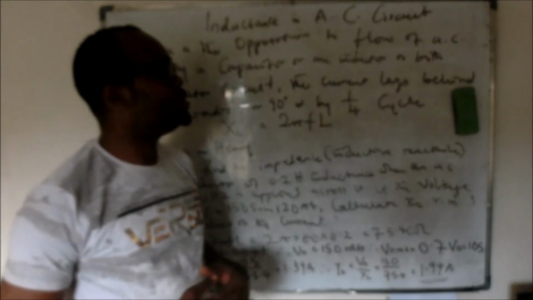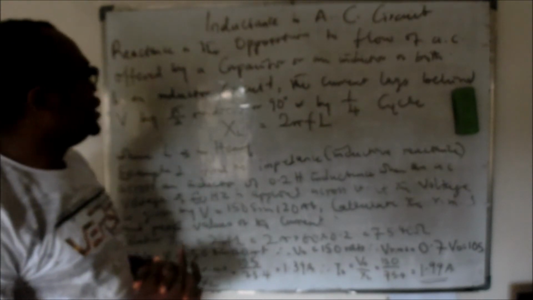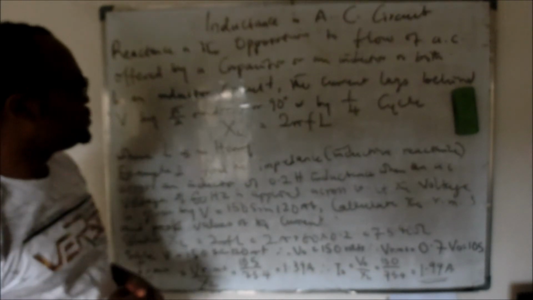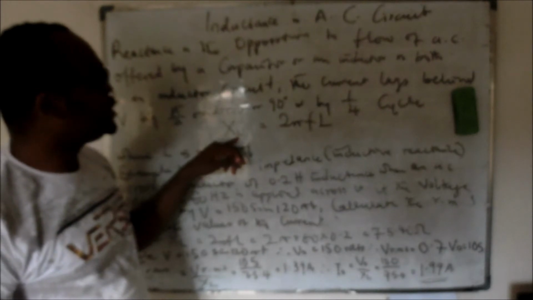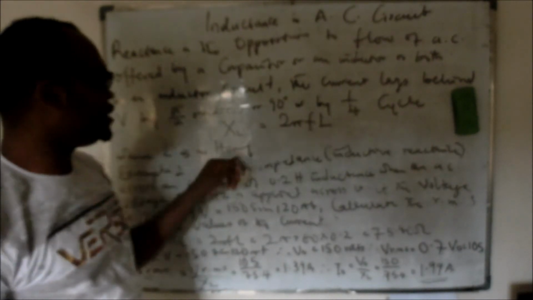This is opposite to what happens in a circuit that has a capacitor instead of an inductor. So this inductive reactance is equal to 2 pi FL, where L is measured in Henry.